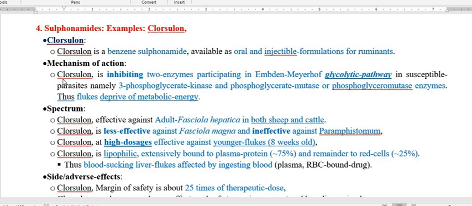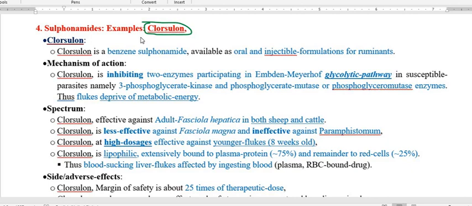Next group is the sulfonamides. As we already mentioned, under the sulfonamide group of antitrematodal anthelmintics, clorsulon is the only example. Similar to the salicylanilides and substituted phenols, it has a very good tilt towards the adult liver fluke.